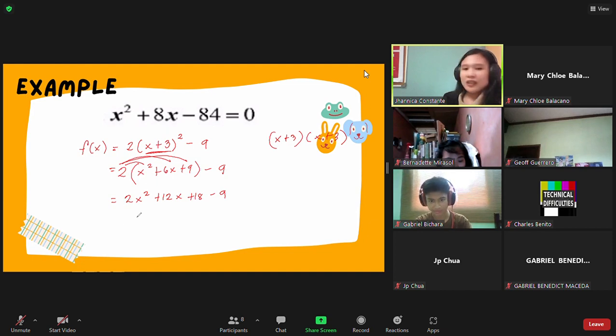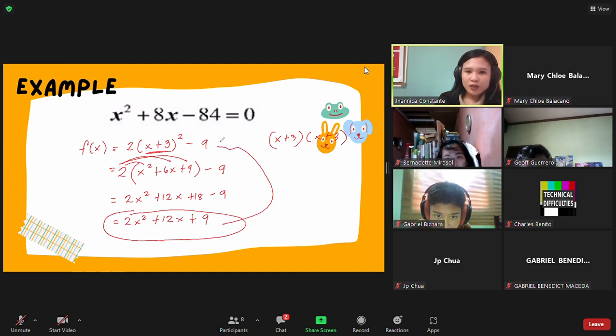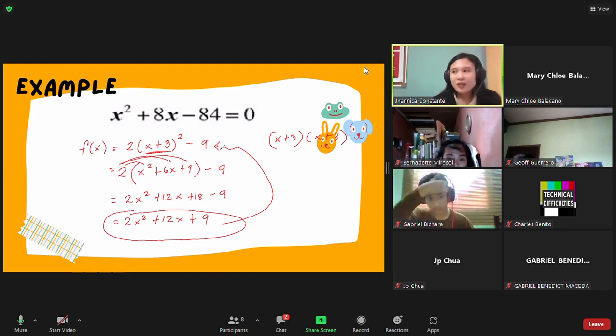Simplify the equation and combine similar terms: 2x squared plus 12x plus 9. So this is the general form of the equation written in vertex form, 2 times (x plus 3) squared minus 9.